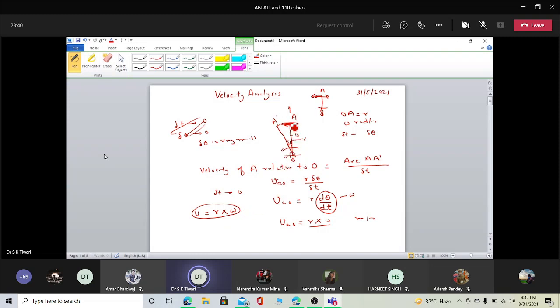When I say that it is perpendicular to the link, the direction of velocity vector VAO is perpendicular to the link OA at A, it means it is also perpendicular at this point, and this point, and this point, and it is also perpendicular through the center of rotation. Isn't it? Yes, sir.